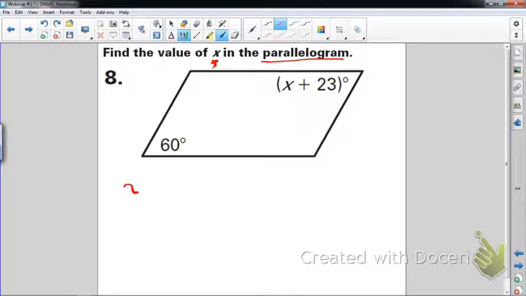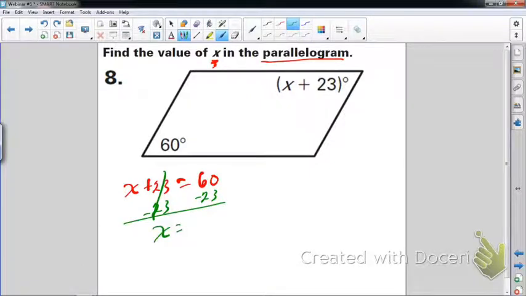I'm going to set this up where I have x plus 23 equal to 60 degrees. I use the subtraction property of equality. That simplifies to 0, and I'm left with x is equal to 37. And this is degrees because we're talking about the comparison of these two angles, okay?